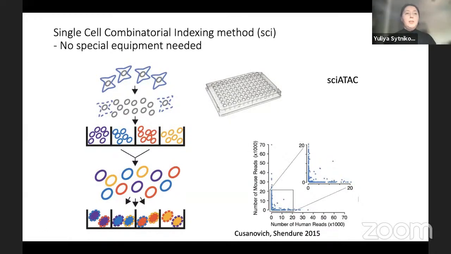So this sci method was used pretty actively for later combinations of ATAC-seq with other methods, because you could also combine sequential introduction of barcodes to different molecules like RNA and chromatin.